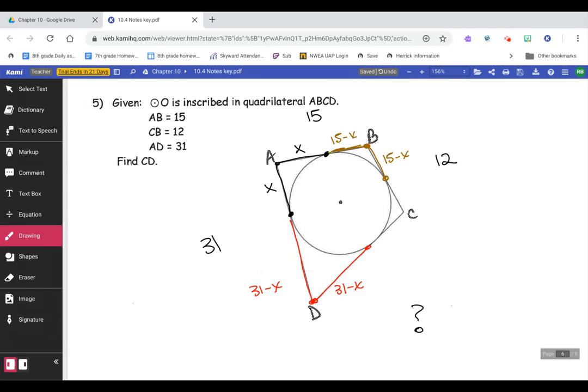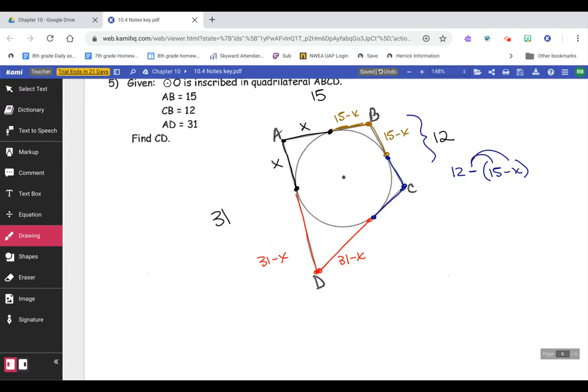If this whole entire side is 12, from here to here would be 12 minus the 15 minus X. Please make sure to remember the parentheses around 15 minus X. So when you distribute that negative, you get 12 minus 15 plus X, and that's very important for this problem, negative 3 plus X. So you can write it as that, or you can write X minus 3 if you'd prefer. So if this is X minus 3, then this part is X minus 3.